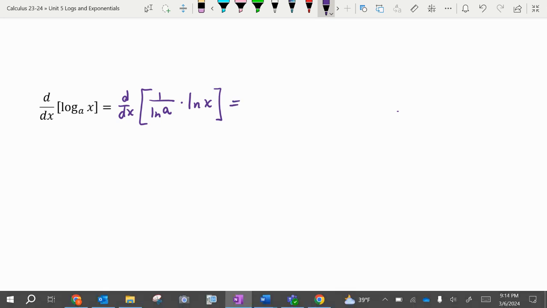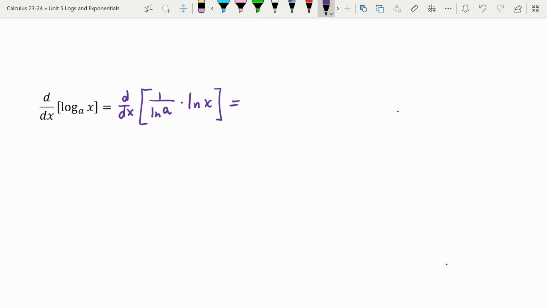So I'm using the constant multiple. Why does it keep showing that at the bottom? It's not supposed to do that. Anyway, I'm trying something new and it's driving me crazy.